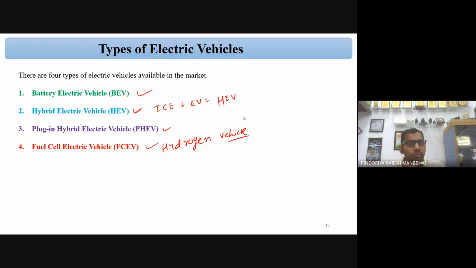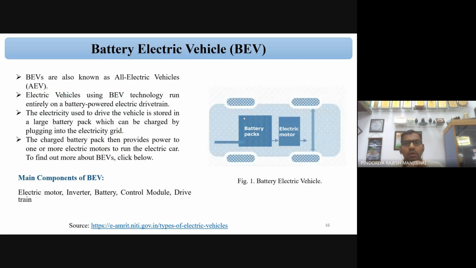No need to use the battery, no need to use petrol or diesel. We can use the hydrogen instead of the battery, correct? Yes, still we have to use a small battery, but that is for external use, like entertainment devices, mobile chargers, etc. But for running your vehicle, we normally use the hydrogen.